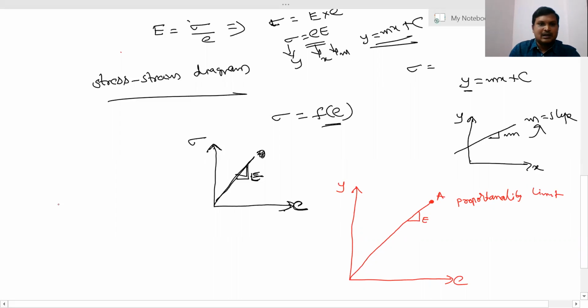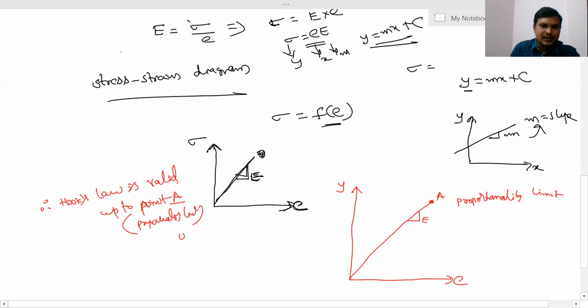Hooke's law is valid up to point A, that is called the proportionality limit only. Because this is a straight line, everything is a straight line.